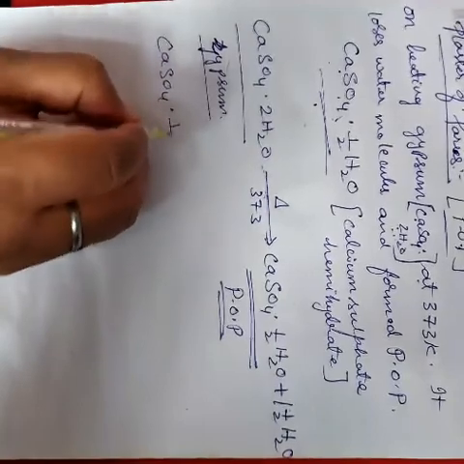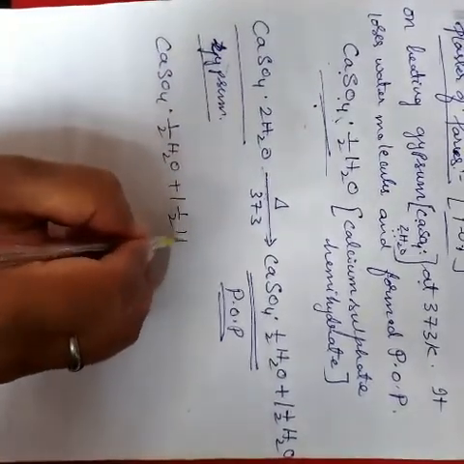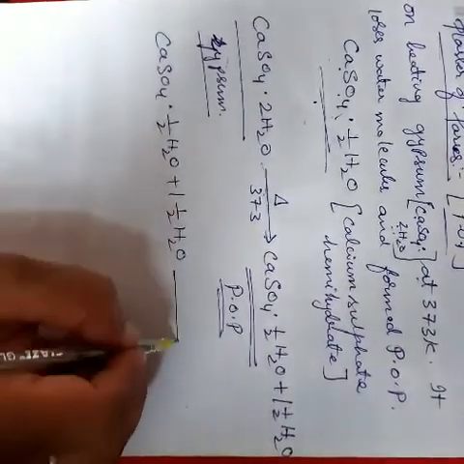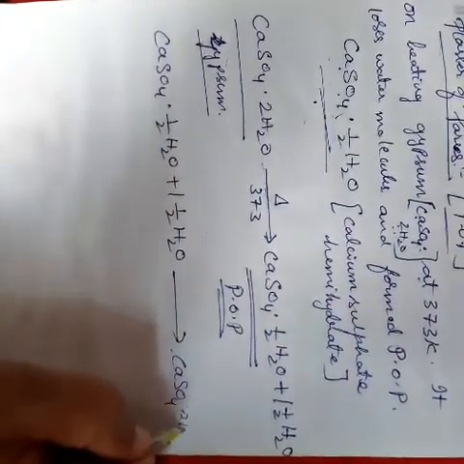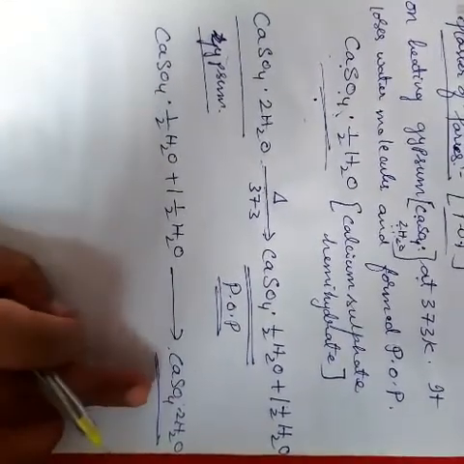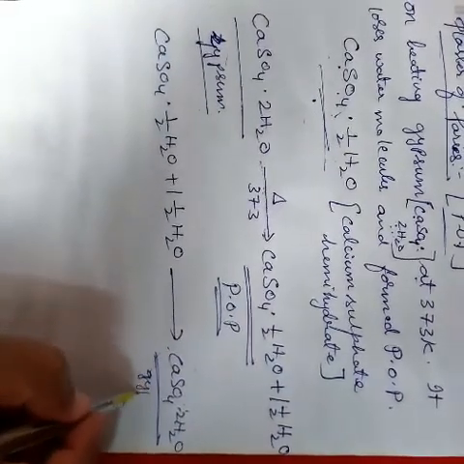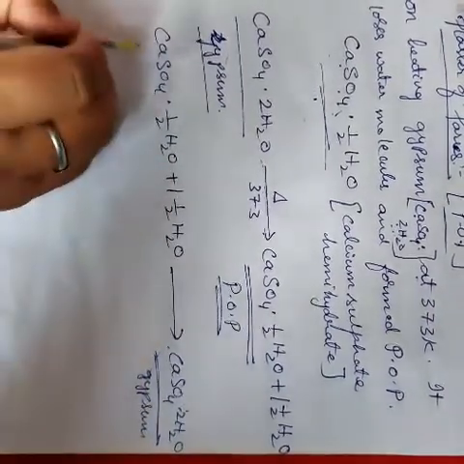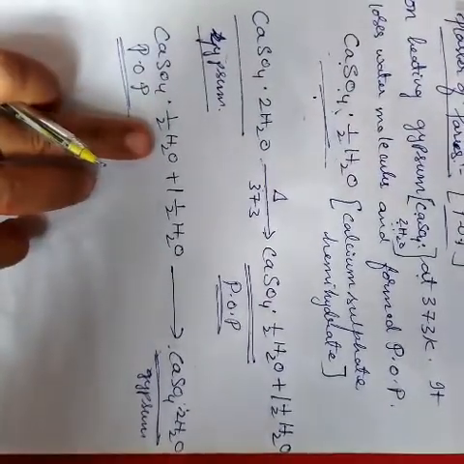CaSO4 dot half H2O plus 1/2 H2O. If we add 1/2 molecules of water, it forms gypsum again, which is used in cement factories. So this is gypsum, and this is plaster of Paris, calcium sulfate hemihydrate.